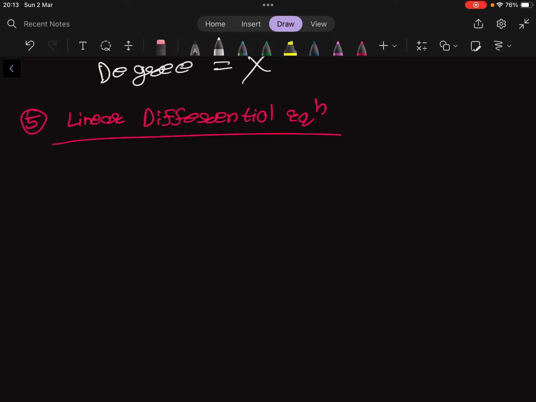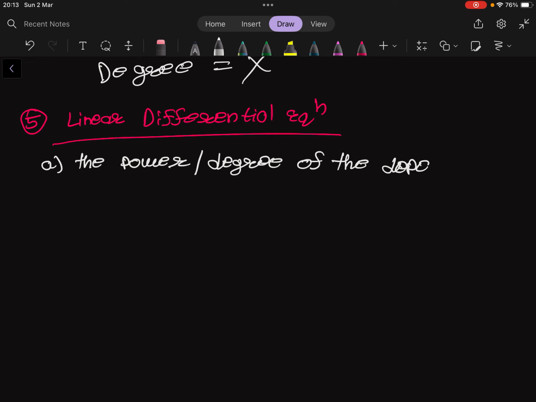The first criterion is the power or degree of the dependent variable must be 1.